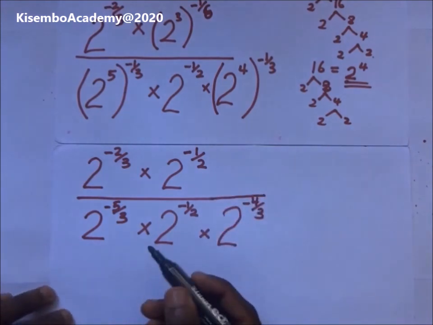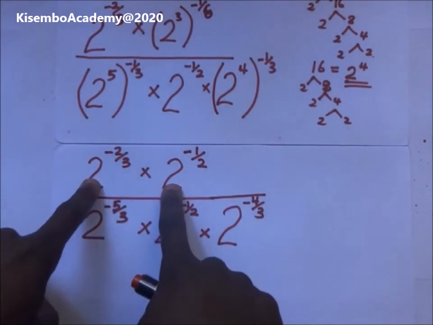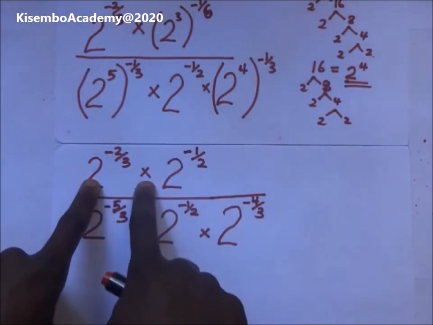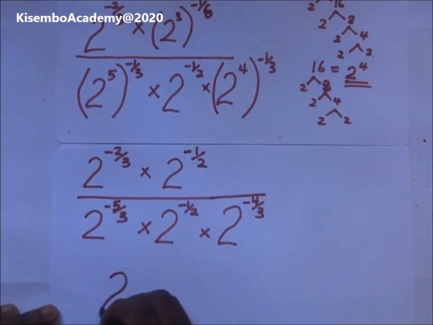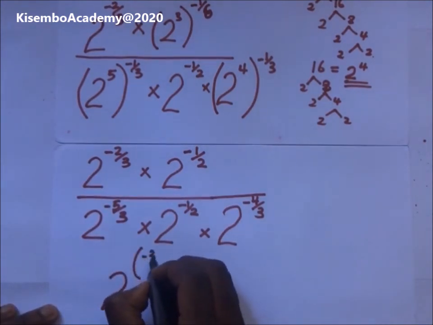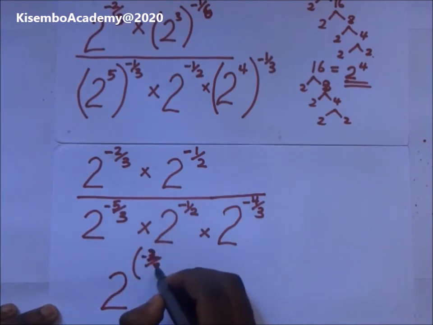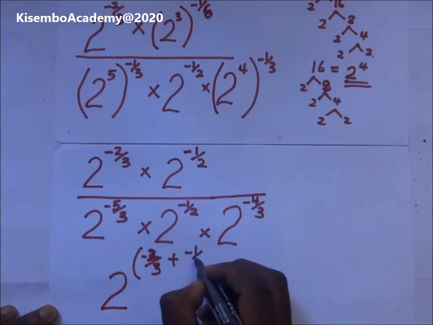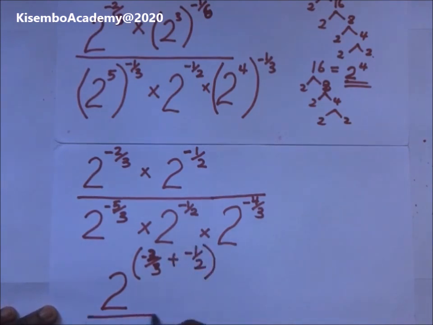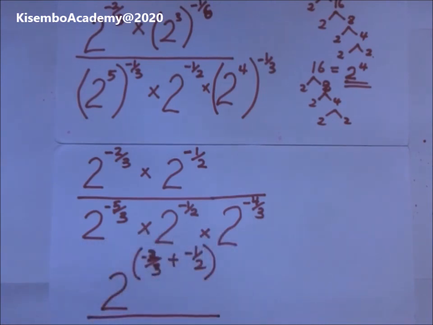So our next step here now, since the bases have been made the same, 2, 2, we maintain the base and add the powers since it's multiplication, using the laws of indices. So that is going to become 2 to the power negative 2 over 3 plus negative a half. Divide that by, the bases are the same and it's multiplication, so we maintain the base and add all the powers.